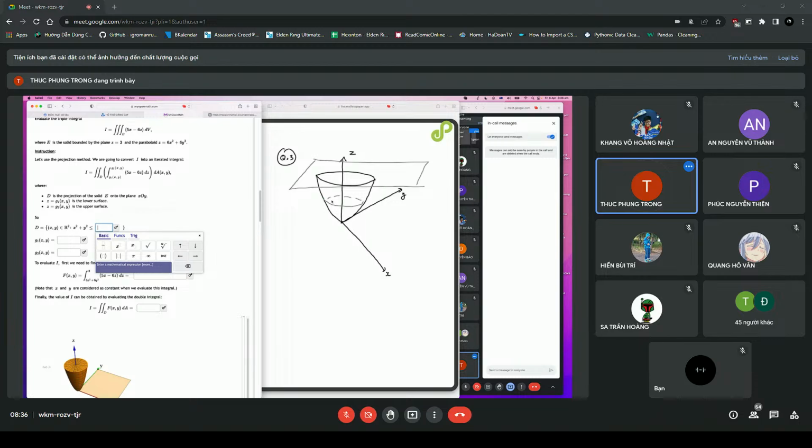And we are going to use the projection method. So the first thing we need to do is to get the setting. First, what do we have for D? It's the projection of the whole solid E onto the plane OXY. So we can easily see that the projection is a disk.